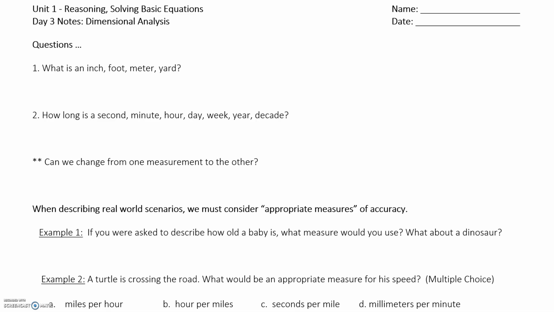Okay, I'm just going to start off with a couple questions, and they're right here on your paper. It says, what is an inch, foot, meter, yard? Well, what do you mean? What is an inch, foot, meter, and yard? Well, this is a type of measurement. We could all agree on that. If we measure something in inches, feet, meters, or yards, we're usually trying to measure the size of something or the distance of something.